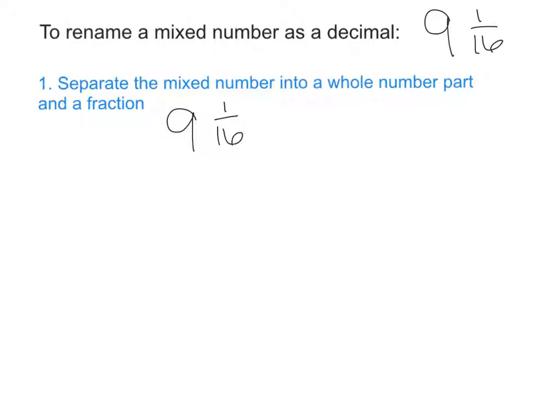And if something's mixed, it means you have at least 2 parts to it. So in a mixed fraction, we have the whole number, and then we have the fraction. So we have to separate these two into 9 plus 1/16, right? Which is 9 and 1/16. It's the exact same thing, but we have to separate them first.